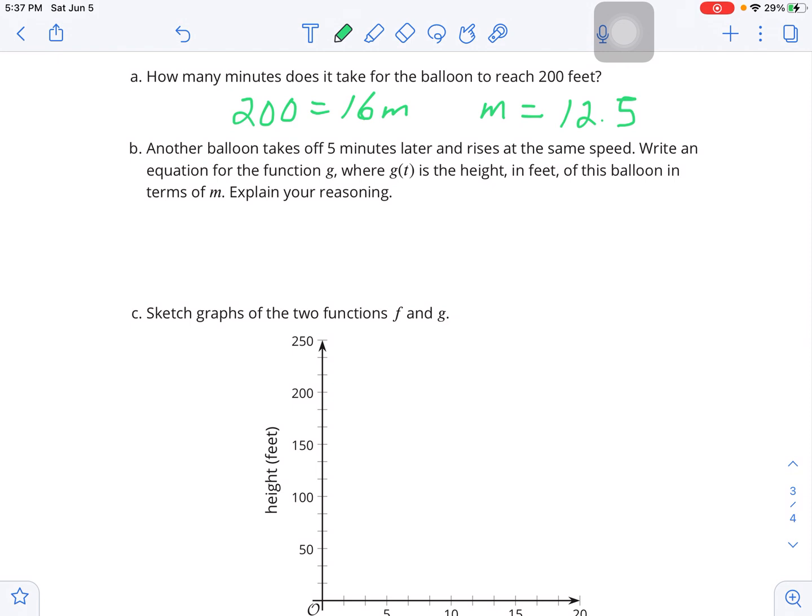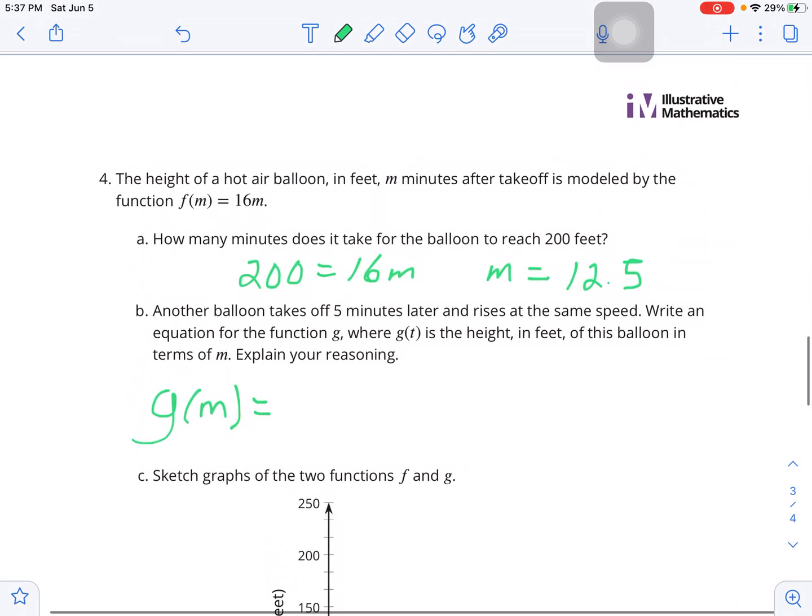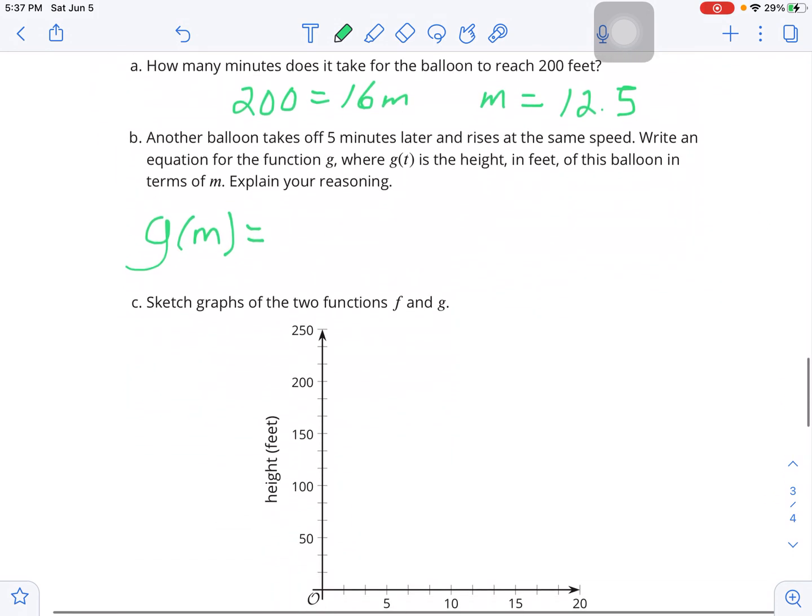So another balloon takes off 5 minutes later, so g of m is equal to 16 times m minus 5, since it's taking off 5 minutes later.